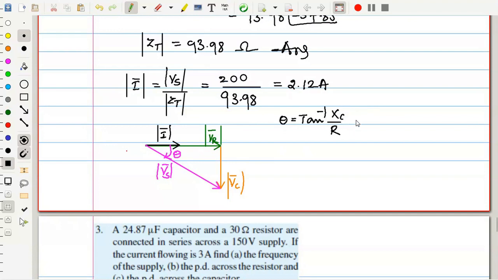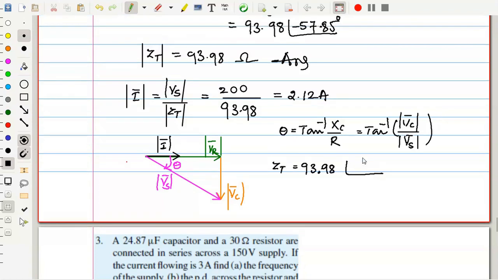So what is Xc? You can write the same thing as tan inverse of the opposite side, Vc magnitude, divided by Vs magnitude. In many ways you can write this out. Above all these things, the Zt we already calculated as 93.98 at an angle of minus 57.85.